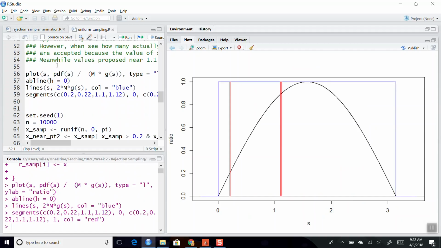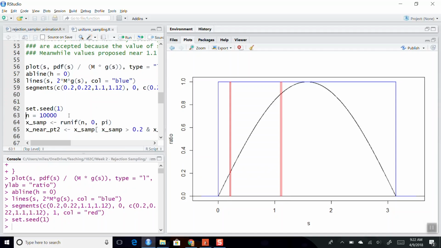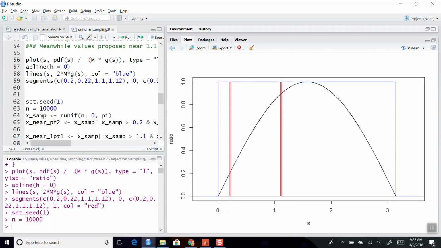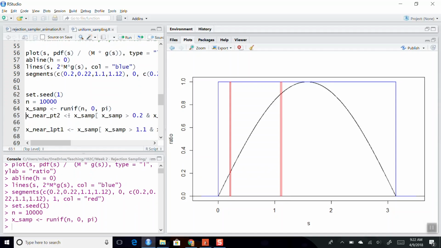I want to look at 2 little slices here. We're going to look at a slice near 0.2 and a slice near 1.1. I'm going to randomly sample 10,000 values and see how many values fall within this window between 0.2 and 0.22.